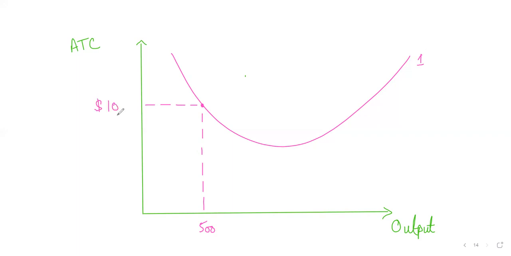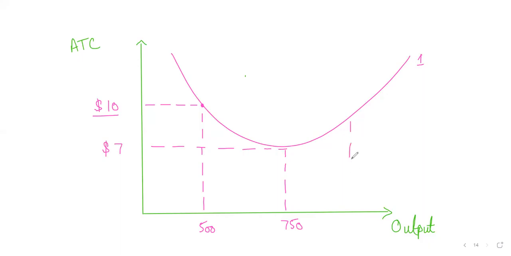So let's say $10 is the average cost for producing 500 units. If this business produces more, let's say 750 units of footballs, then the average cost, as you can see from the graph yourself, drops to something lower than 10, let's say $7, or $8, or anything of the sort.